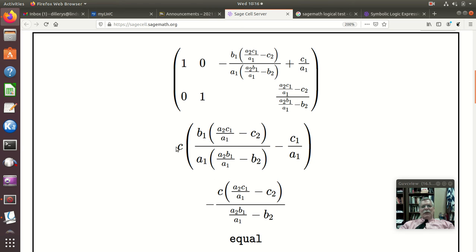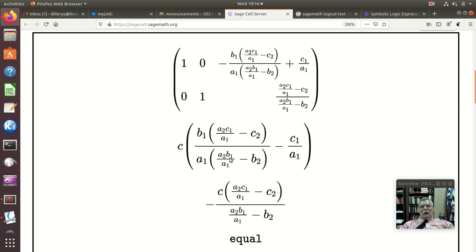Notice what it did. It just said C times this, and you look at this, and I can see right away that if I multiply the A1 through here, I get A2 B1 minus B2 A1, and that cancels. And I could get common denominators here, and maybe things would cancel out and so forth.